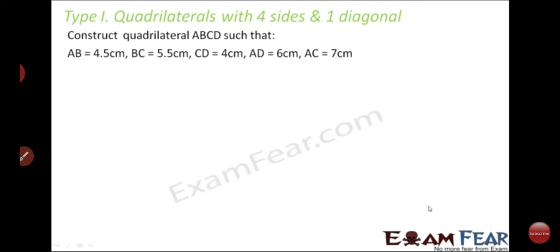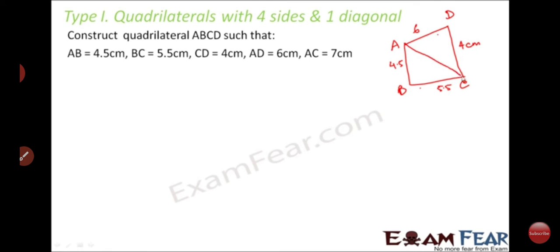Now in this quadrilateral, first of all you have to draw a rough diagram of your quadrilateral ABCD. Always write the name clockwise or anti-clockwise. ABCD. AB is 4.5, BC is 5.5, CD is 4 centimeter, and AD is 6 centimeter.